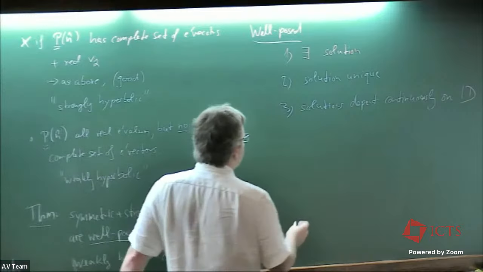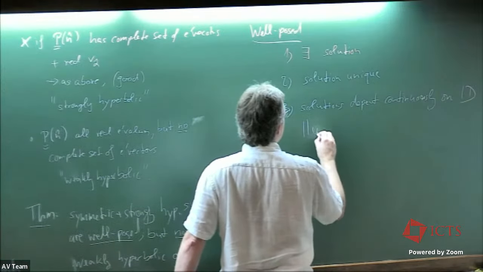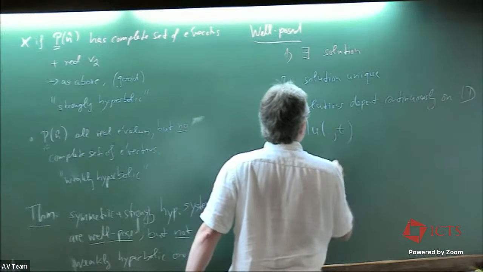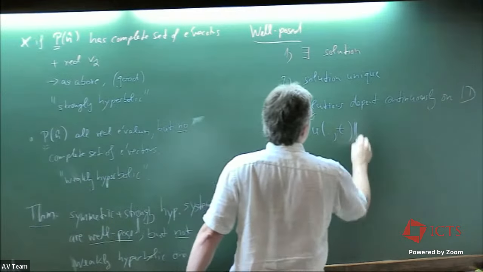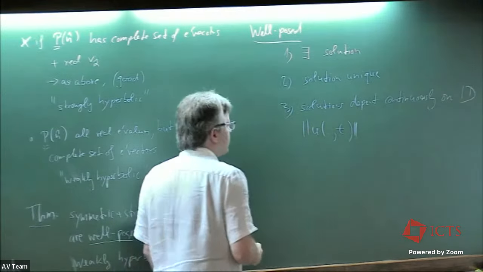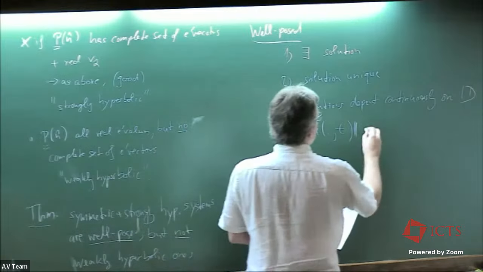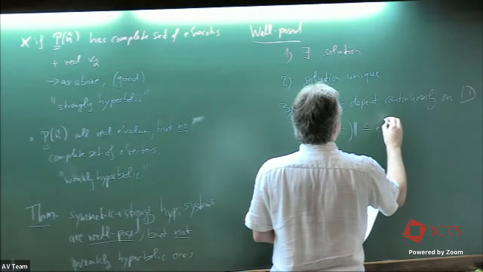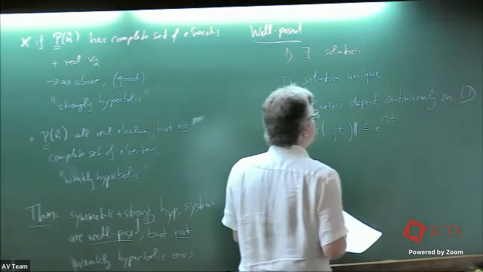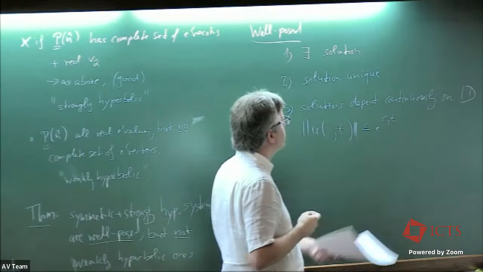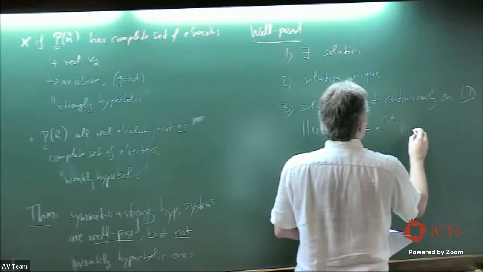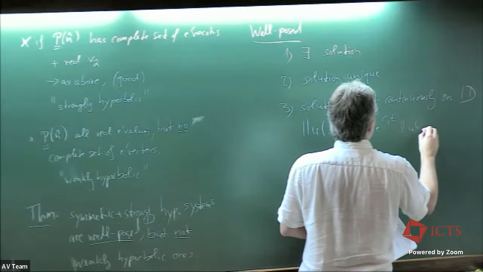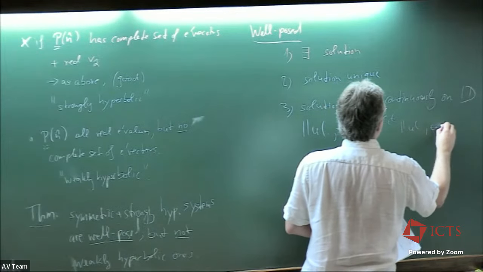In letters, this boils down to something like this. The norm of u at different times has to be bounded by an exponential with some constant in front of the time times the norm of u at time equals 0.